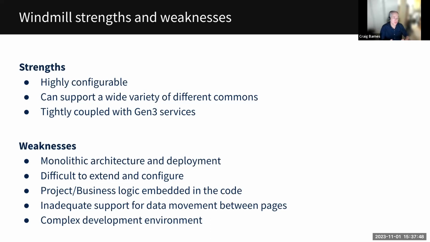And that's great. Also, it's tightly coupled with Gen3 services, so it interacts very well with them. They're built in. It knows what the responses are. It knows how the APIs work. As we make changes to Gen3 services, the API, of course, will adjust for that. And so it's maintained data commons and runs them quite well for quite a long time.